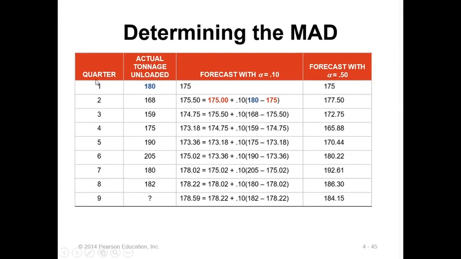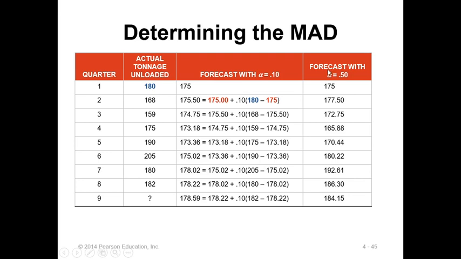The first column here is quarters 1 to 8, because quarter 9 is not yet forecasted. We have the actual values for our sales in the second column. In the third column, we have the forecasted value with alpha, the smoothing constant, equal to 0.10, or 10%.